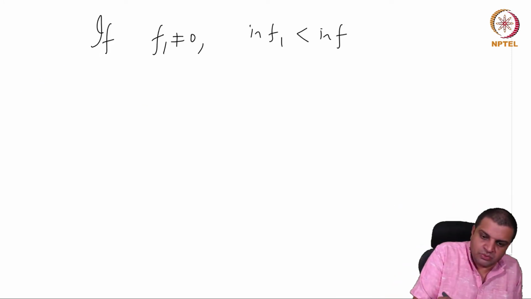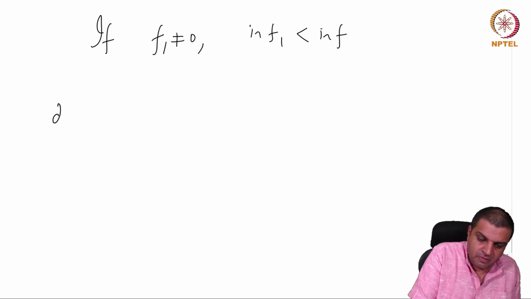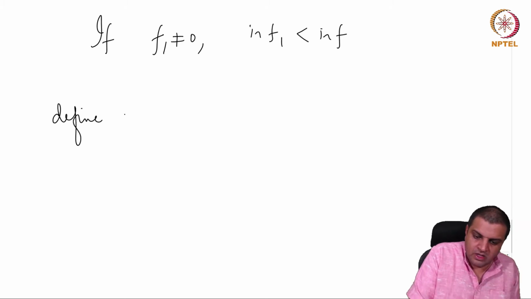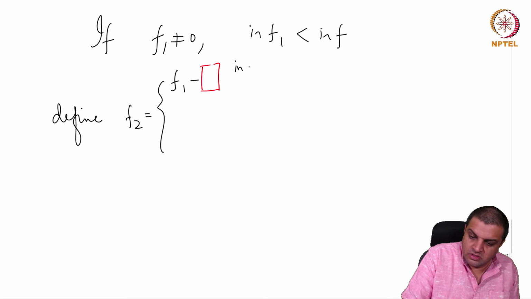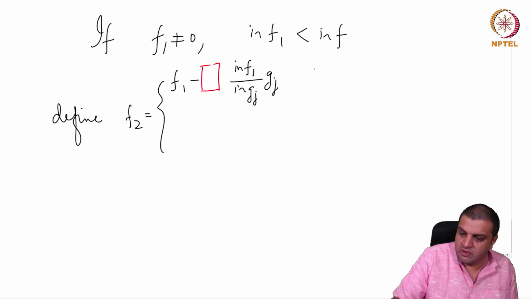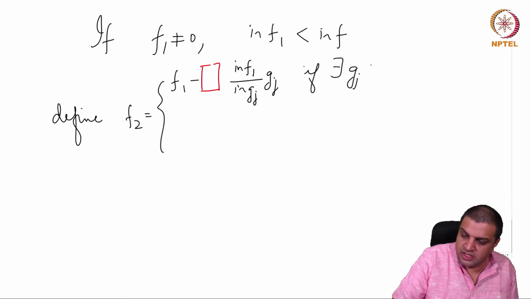So let me just write it once. Define f2 to be f1 minus some suitable coefficient times in f1 divided by in gj times gj, if there exists gj such that in gj divides in f1.